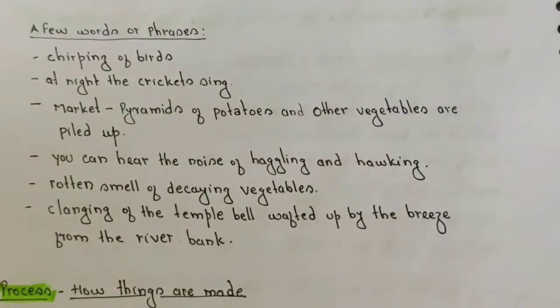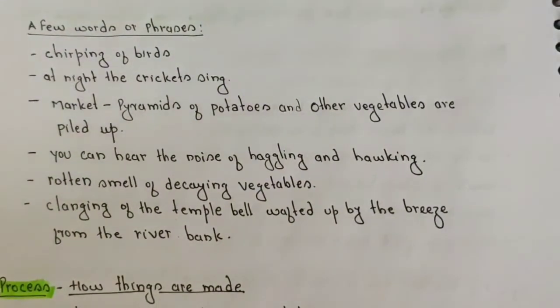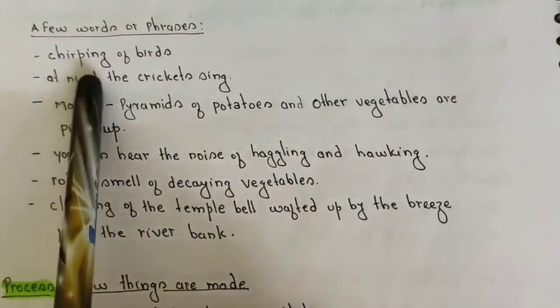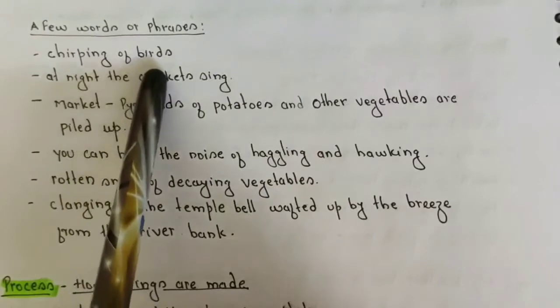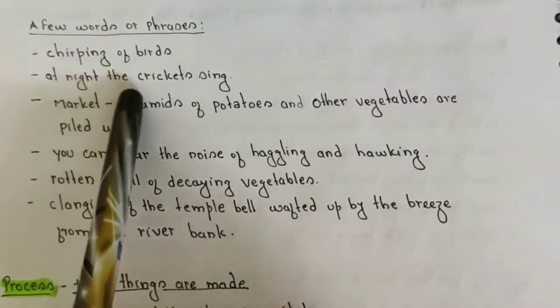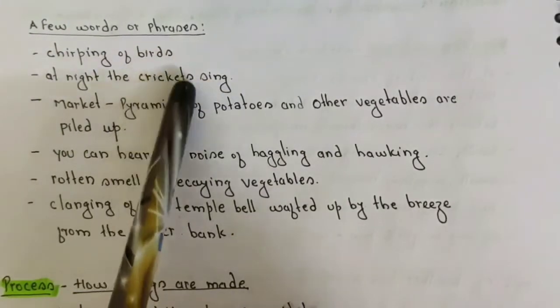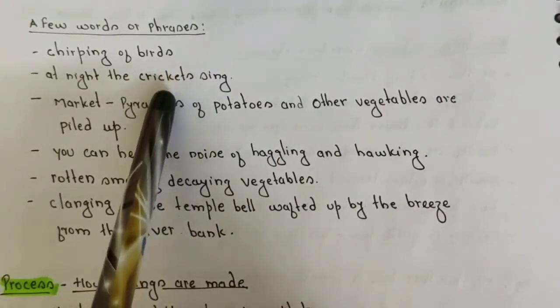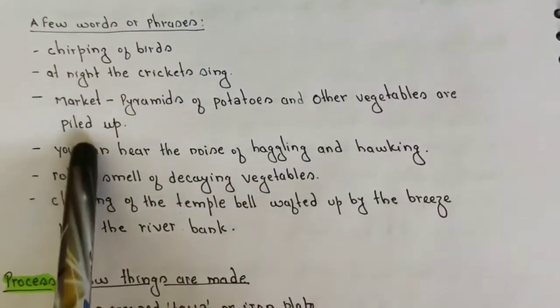Now here you can see a few words or phrases that could be helpful. Chirping of birds. At night the crickets sing. Here the cricket is a type of insect that usually makes sounds during nights. Market.